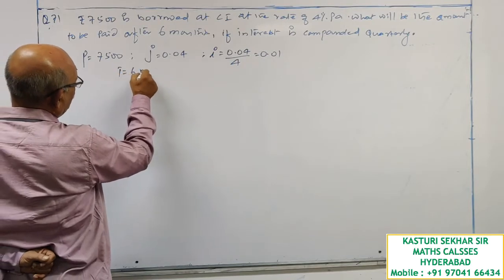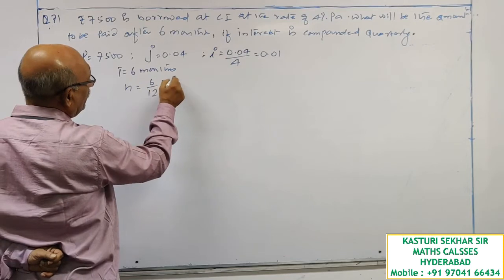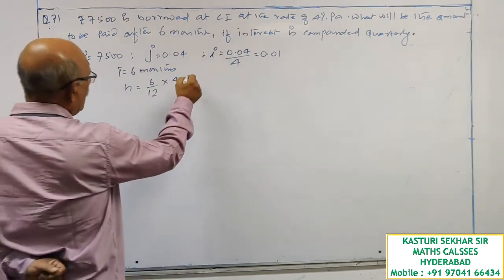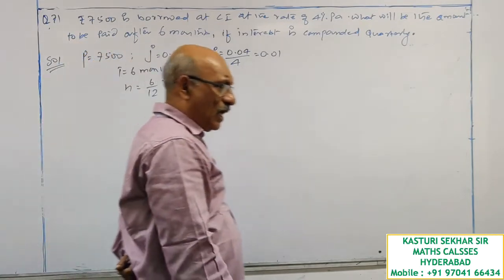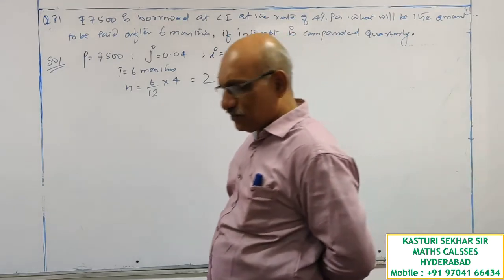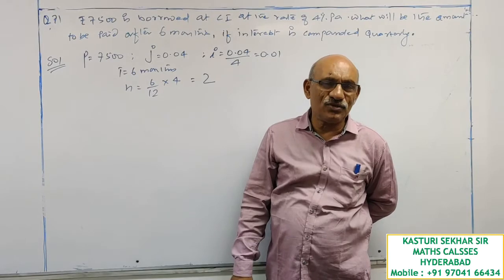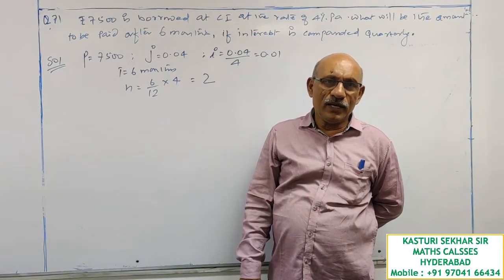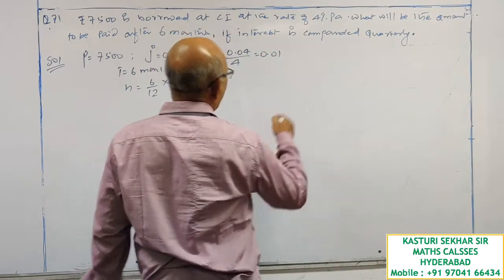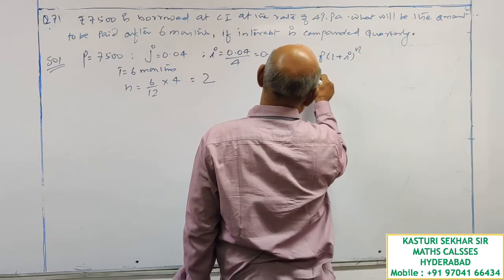Time is equal to 6 months. N is equal to 6 by 12 into 4. In 1 year, bank is calculating interest 4 times. So in 6 months, how many times it will calculate? 2 times. So amount is equal to principal into 1 plus I whole power n.